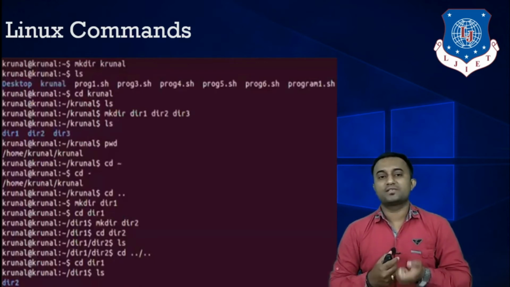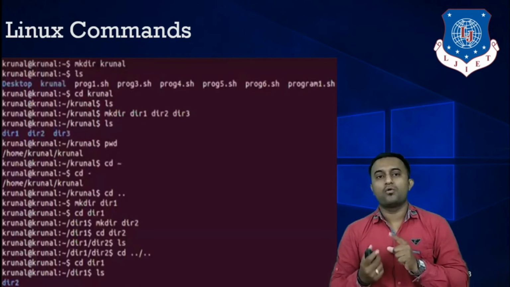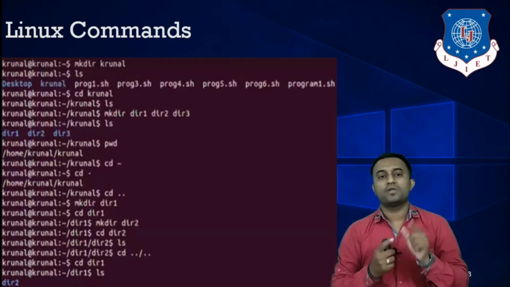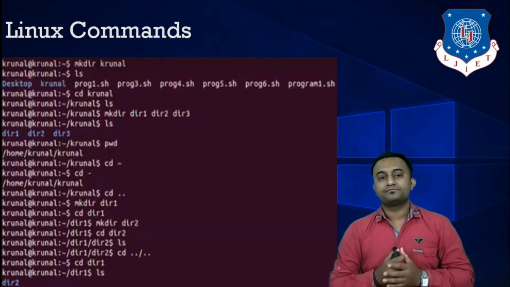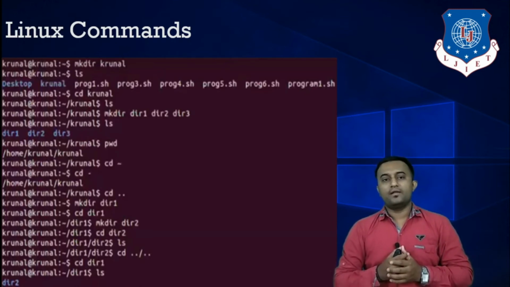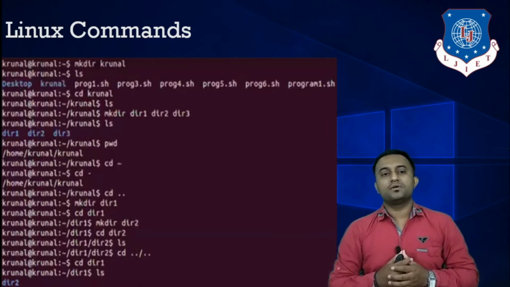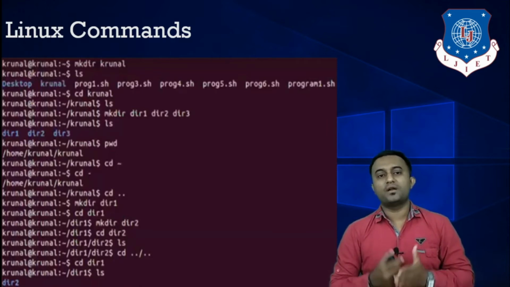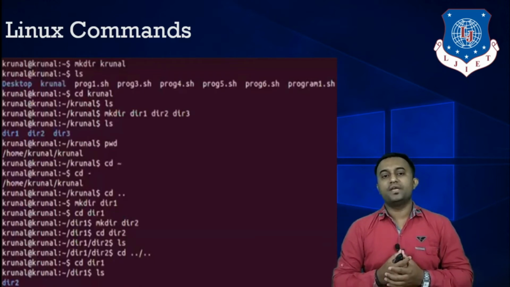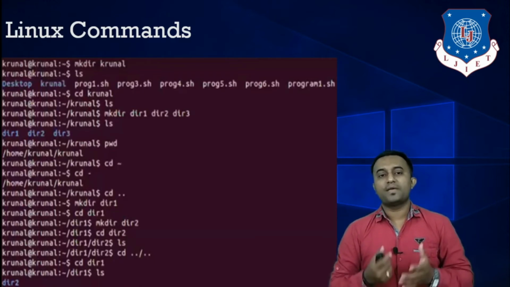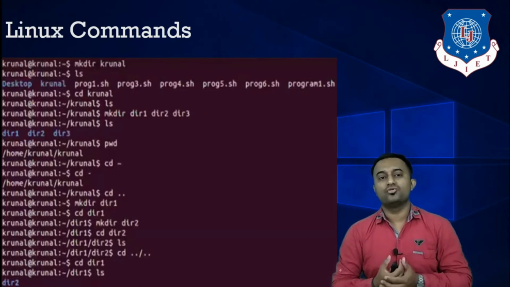If you fire this command, you will go one level up. So now we are in the previous Kunal directory. And if you want to display the current working directory, there is one more option we have: cd space hyphen. Again it will show the current working directory's path.